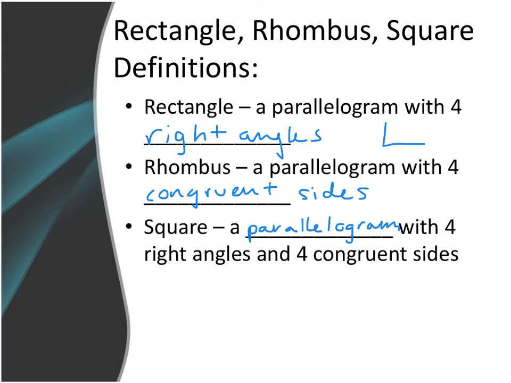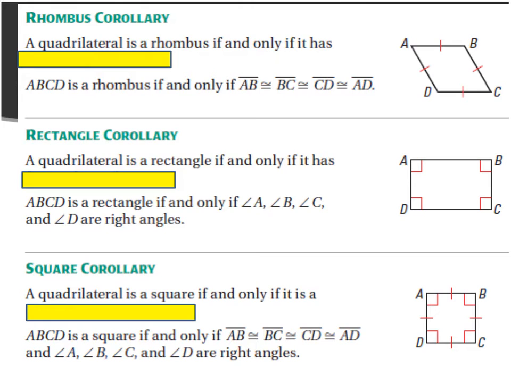So we have a rectangle, a rhombus, and a square. First we have the rhombus corollary, which states that a quadrilateral is a rhombus if and only if it has 4 congruent sides.